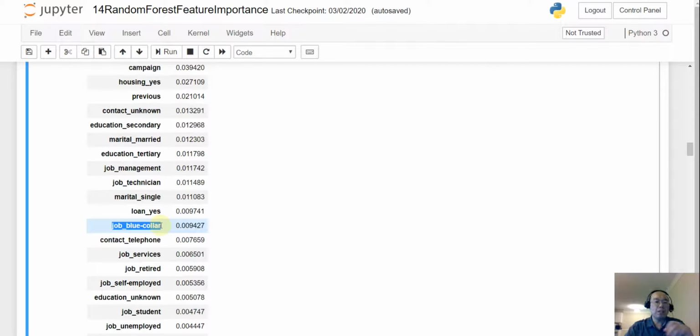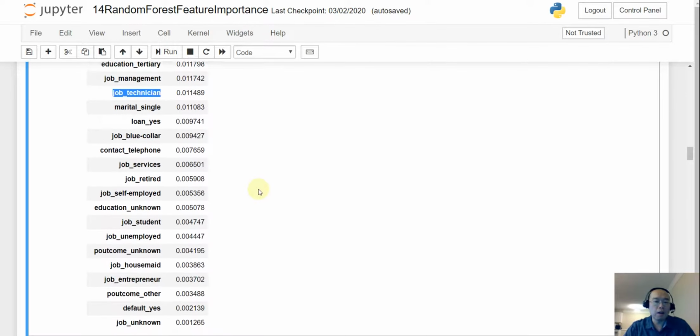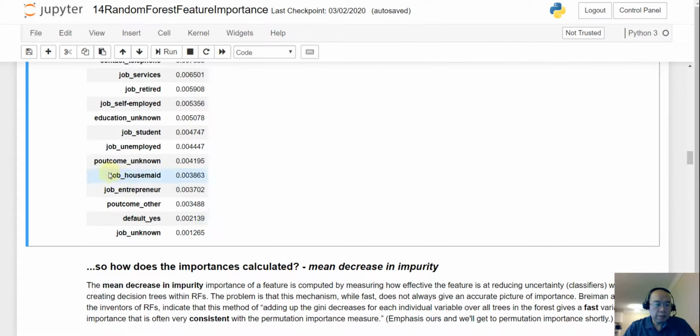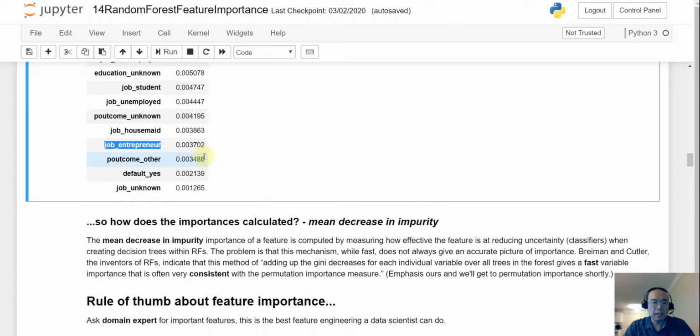For each of the jobs, we are going to make a distinct column like job management, job technician. So management and technician are distinct values in that job column. Okay, so it seems that no matter what kind of job they do, the jobs are not that important. So that's my observation for this one.